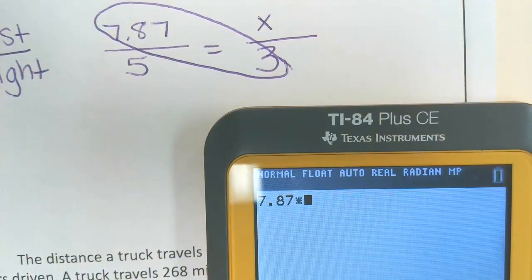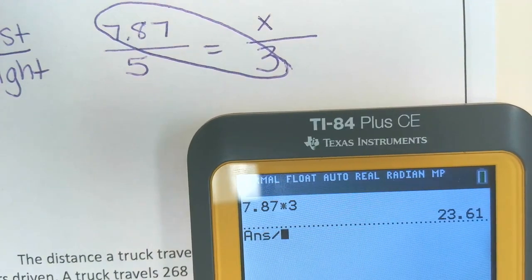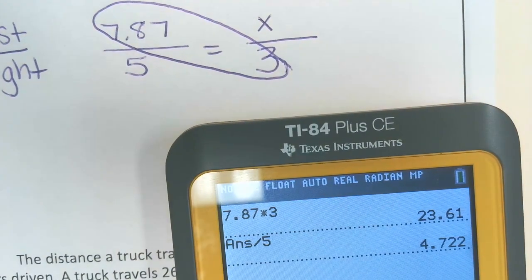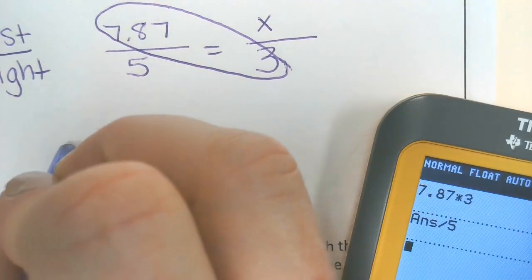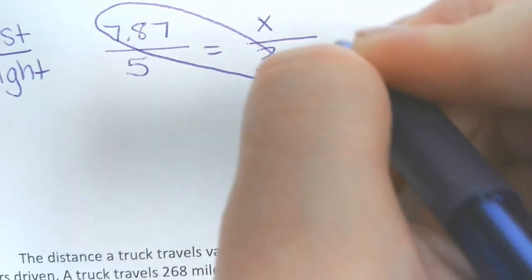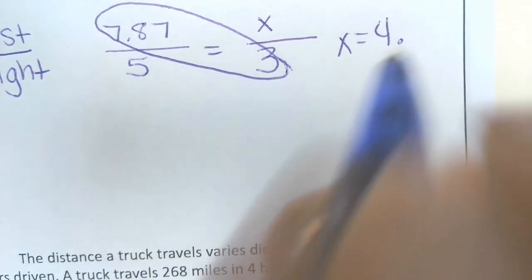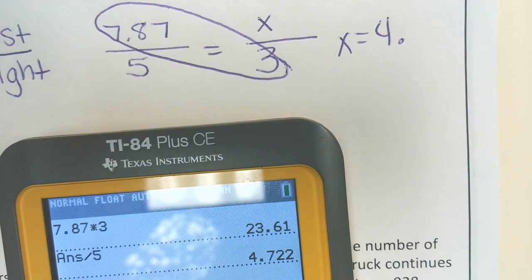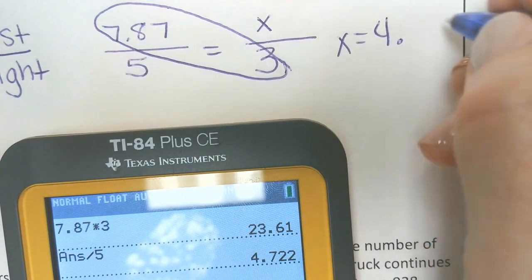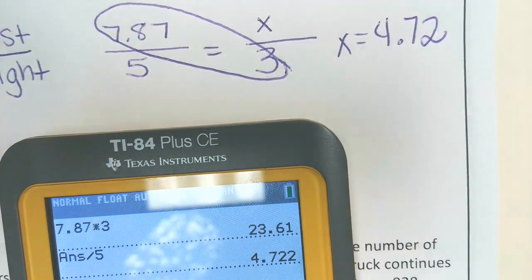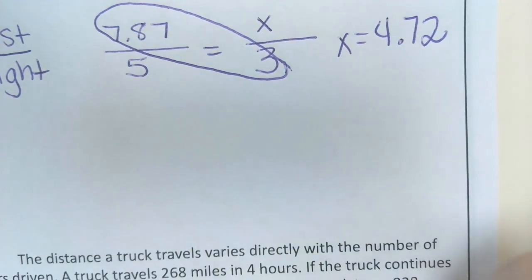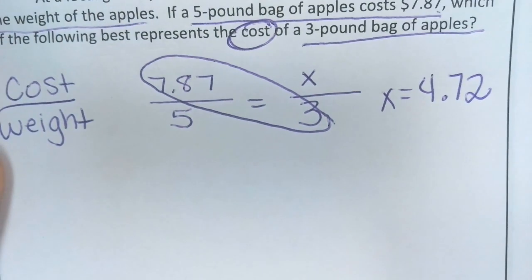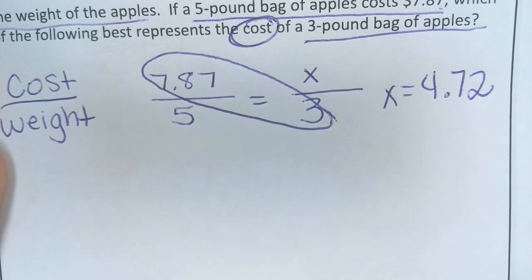$7.87 times 3, then divide by the 5. 4.722. But it's money, so we need to round to the nearest penny. So that'd be 2 decimal places. So we'd write this as a sentence though, because it says which of the following best represents.